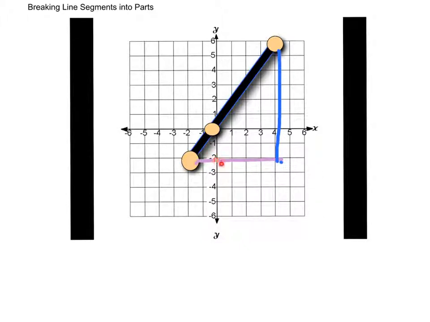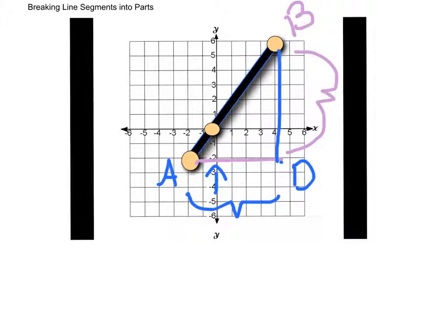In other words, this point, I'll go ahead and draw it in, represents about 1/4 of the horizontal distance from this point A to this point, I'll call it D. Okay, now let's think about the up and down component. With the up and down component, we're also talking about 1/4 of the distance from D to this point B. So what we're actually talking about is this point right here.